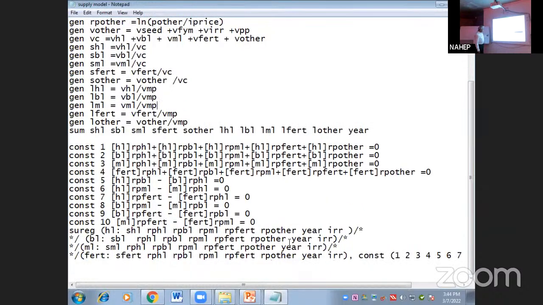Yeah, and then we estimate the share equation. We estimate all these equations, because here I define all variables, and then we estimate the share equation, then second equation, third equation, fourth equation.